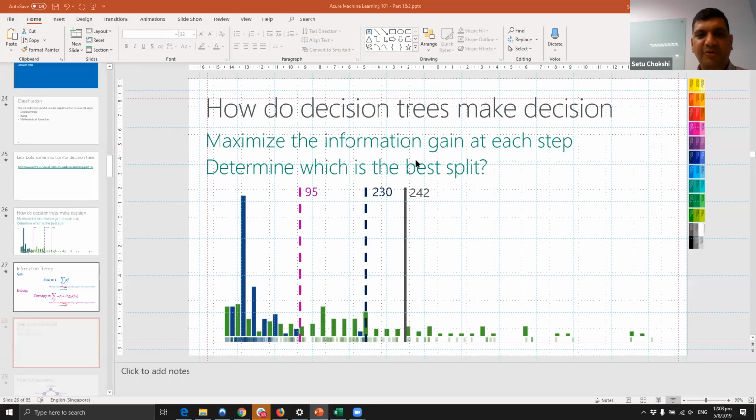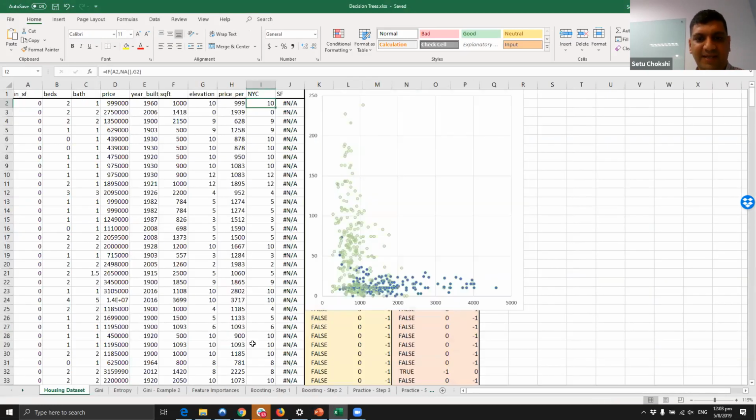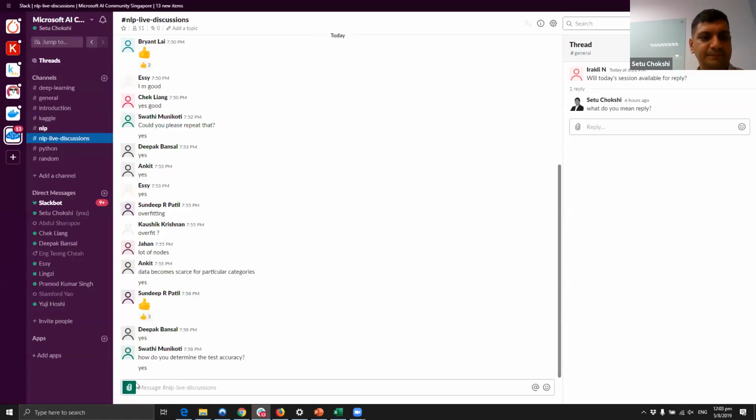All right. So before we get there, I prepared an Excel file that we can go and practice with. I'll share this Excel sheet as well. But for now, okay, let me just share this Excel sheet. This becomes easier, posting it on Slack.